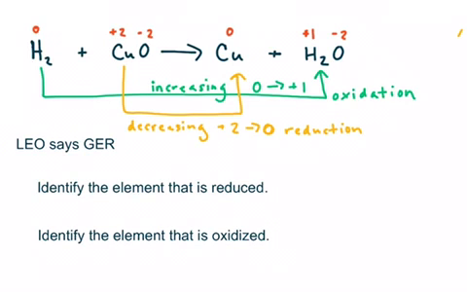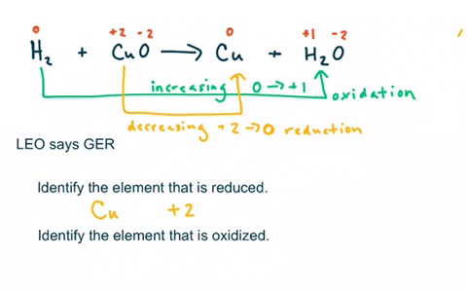So on a test, you might be asked to identify the element that is reduced and identify the element that is oxidized. So taking what we've just talked about, the element that is reduced, in other words, its oxidation state is decreasing, in this case, is going to be copper. And we'll want to show how the decrease is happening.